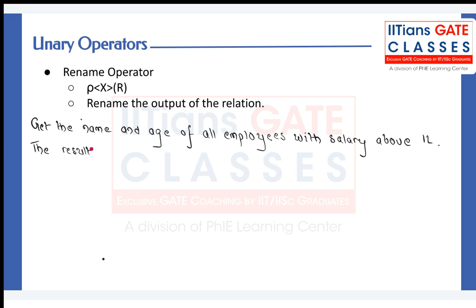The resultant relation, which is the relation that you get after this, should have the columns named as name 1 and age 1.